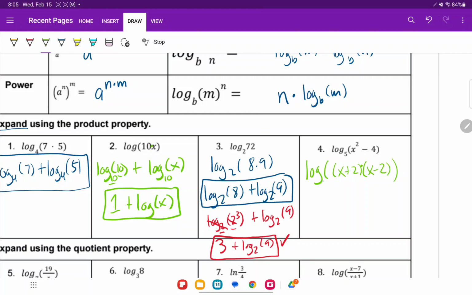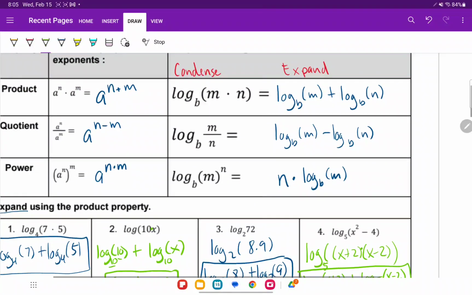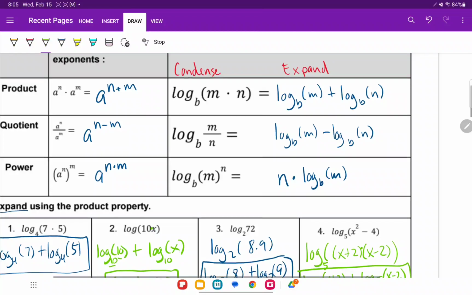So, oh, and the base is 5. Sorry, I forgot that base there. Okay, so here it would be log base 5 of x plus 2 plus log base 5 of x minus 2. And in this case, it wouldn't matter if you did the x minus 2 or x plus 2 first, since you are adding. Okay, so that's what I think we're looking for on that one. So that is the product property when you're doing expanding logarithms.